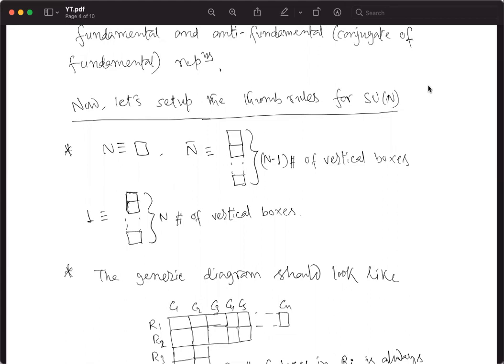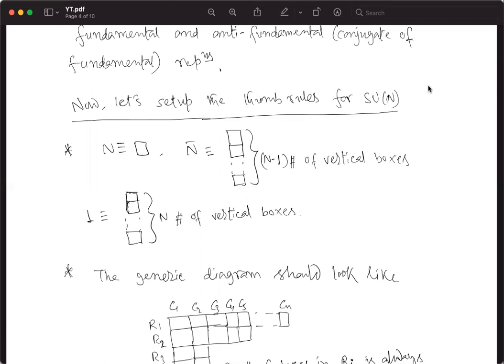So for this course, we'll restrict to SU(N). Now N is one of the fundamental representations of SU(N), depicted by a single box. N bar, the anti-fundamental representation, is depicted by N minus 1 vertical boxes. And a singlet representation is depicted by N vertical boxes.